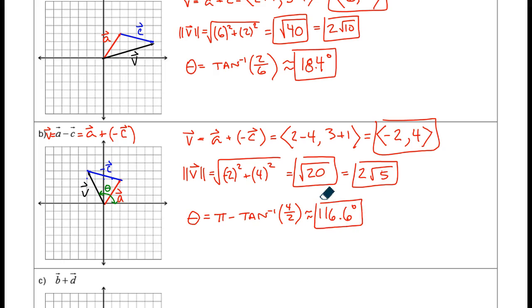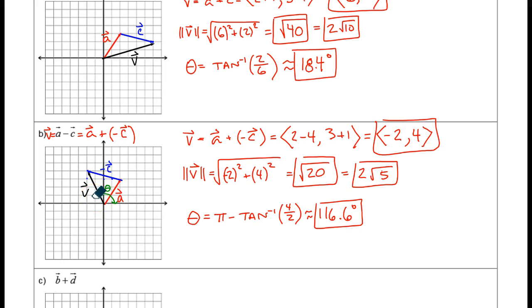And some of you might be wondering to yourself, why did he use +2 instead of -2? I'm so confused. Well, remember, I was adjusting the angle pi by this little missing piece right here. And this little missing piece right here has an angle of inverse tangent of 4 divided by 2.